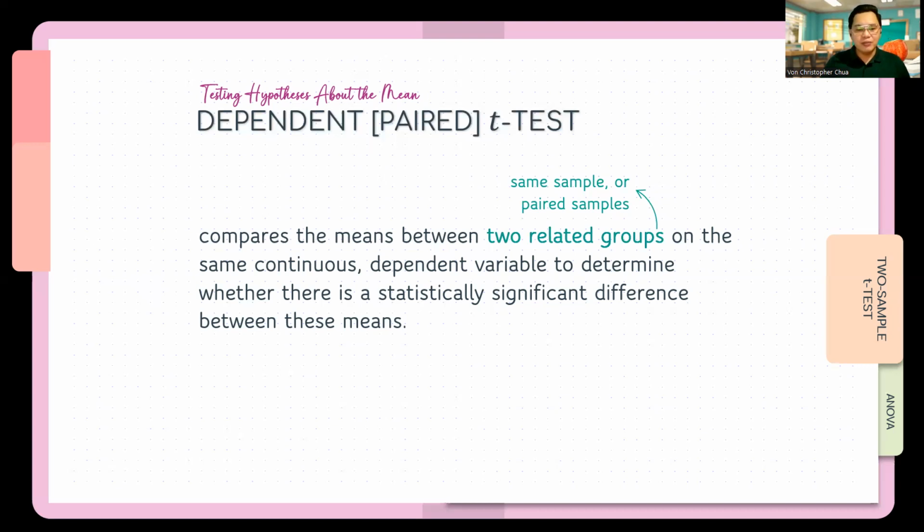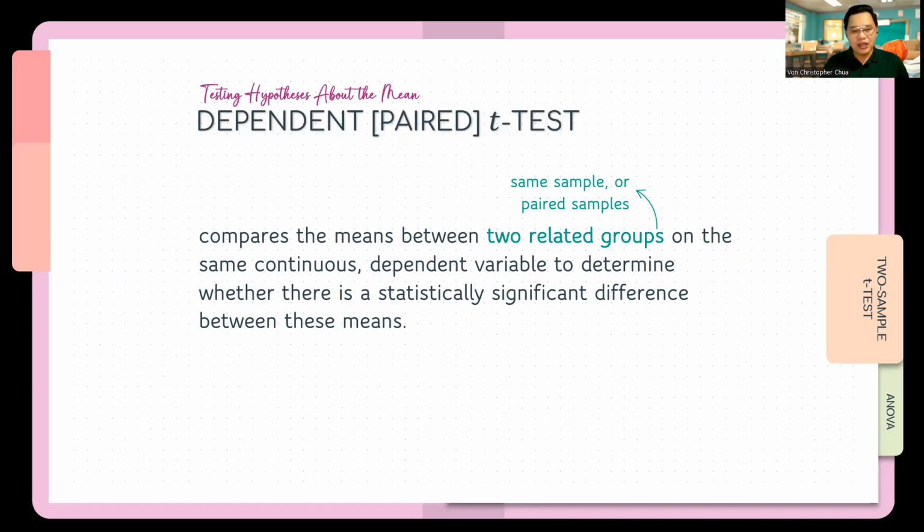Another example would be making an intervention and then trying to test whether or not the intervention works for a specific group of individuals. You can test the individuals for the variable of interest before the intervention, and we usually call it a pre-test.